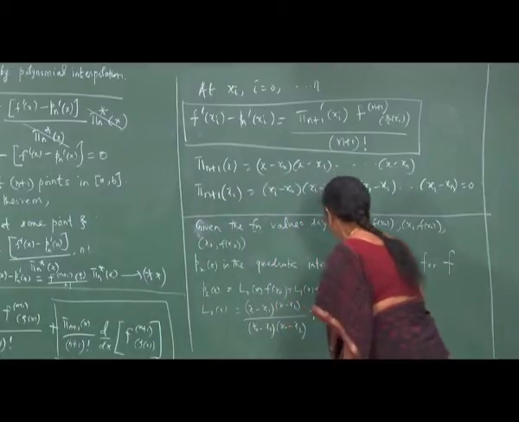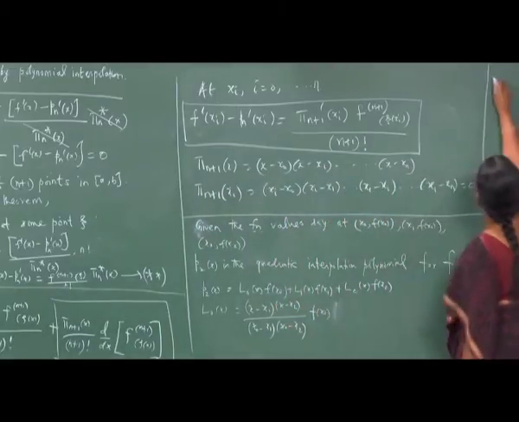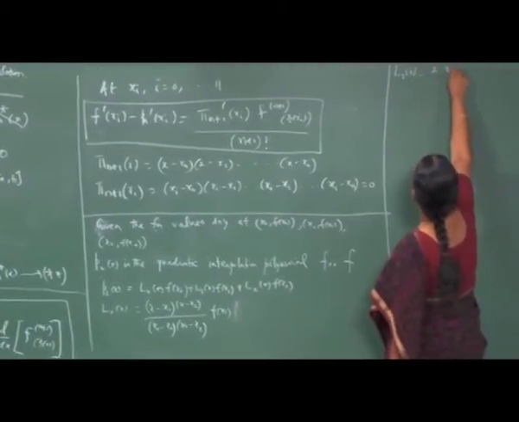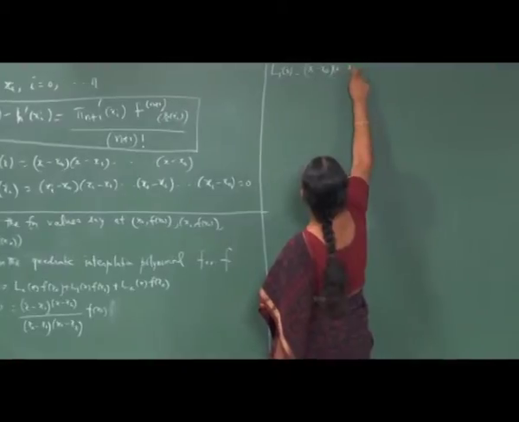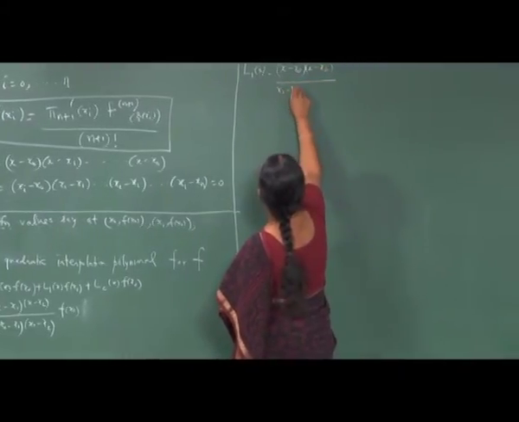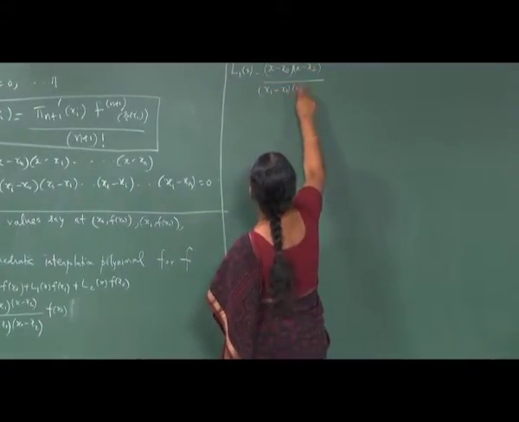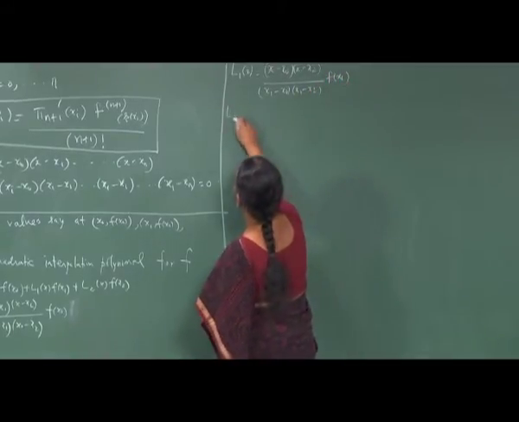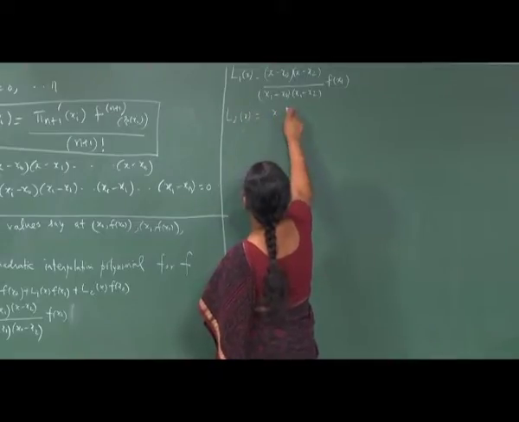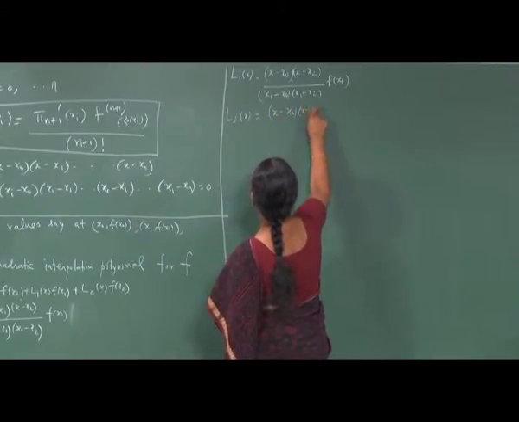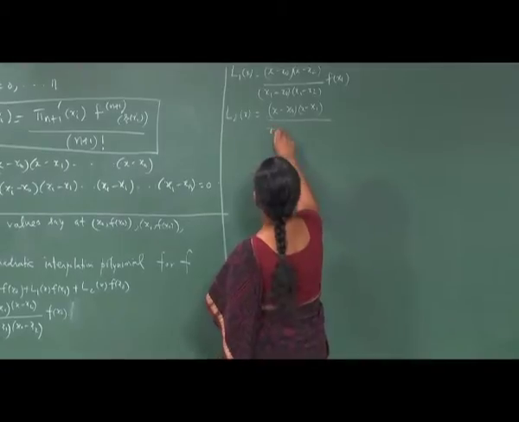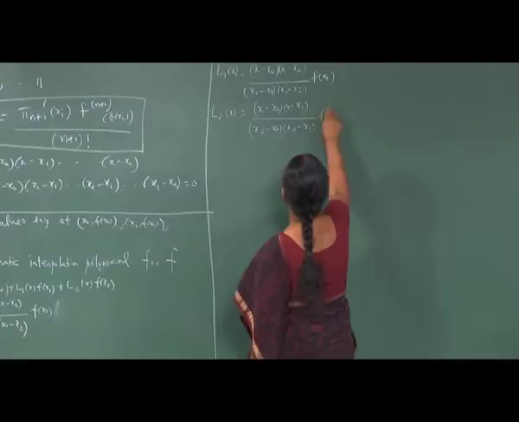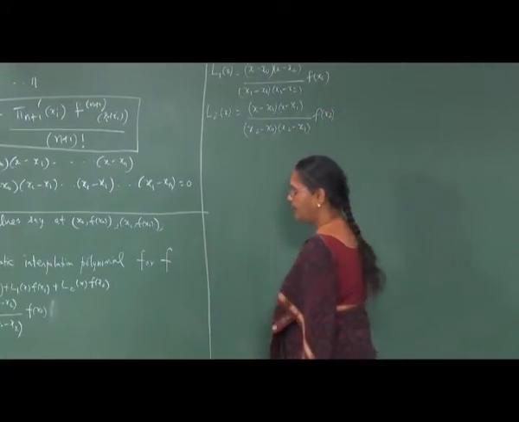And what about L1 of x? L1 of x will be x minus x0 into x minus x2 divided by x1 minus x0 into x1 minus x2, into f at x1. What about L2 of x? x minus x0 into x minus x1 by x2 minus x0 into x2 minus x1, into f at x2.